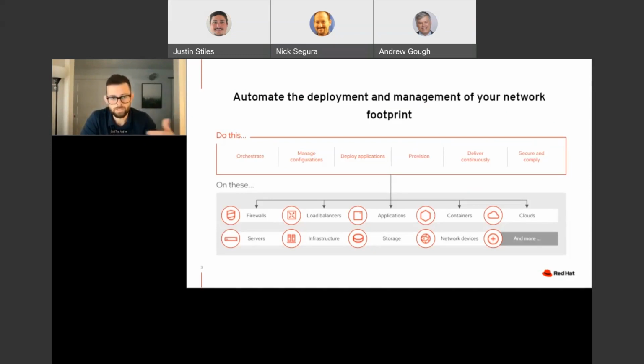When we deploy applications, you want to know that they are going to be properly discoverable by other services that they depend on. When we provision, it means knowing that a workload is going to spin up in the proper location. When we deliver continuously, it means proper testing is done each time. And to secure and comply, it means knowing with some level of confidence that you aren't as exposed as you were before.